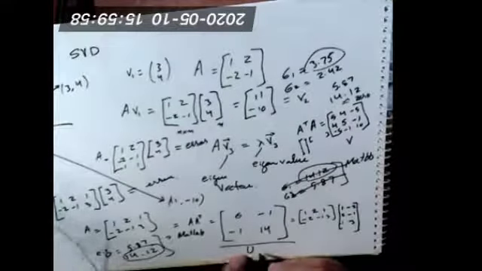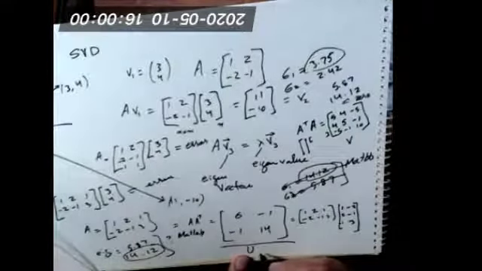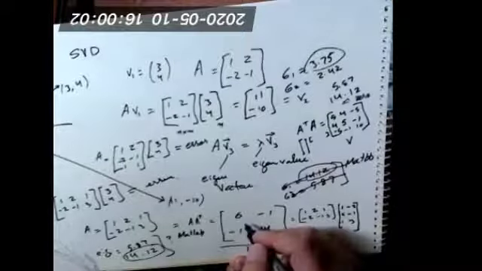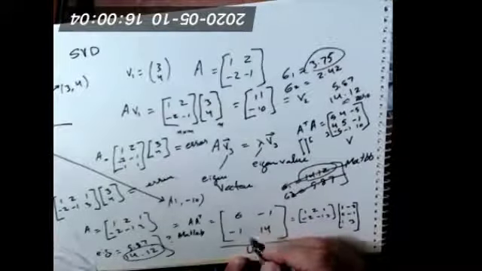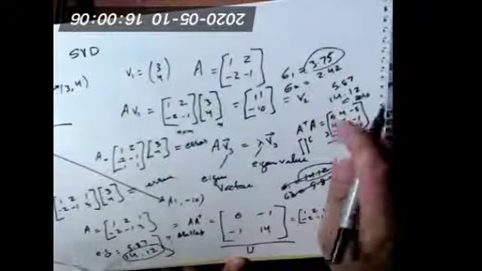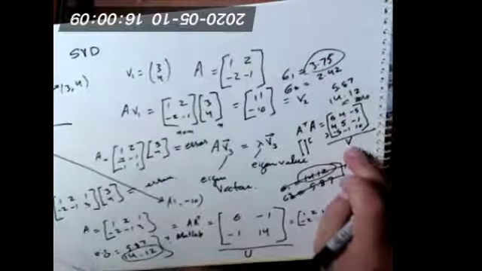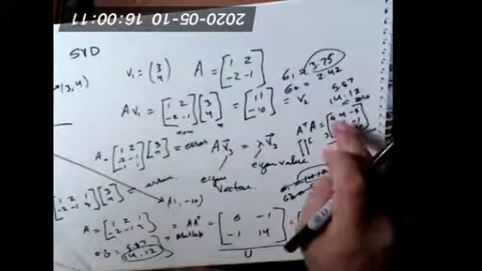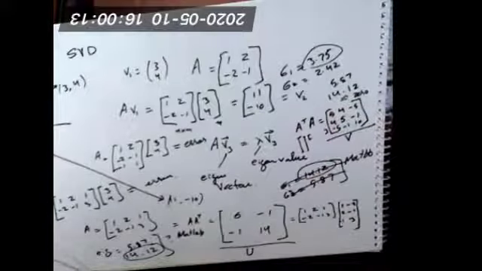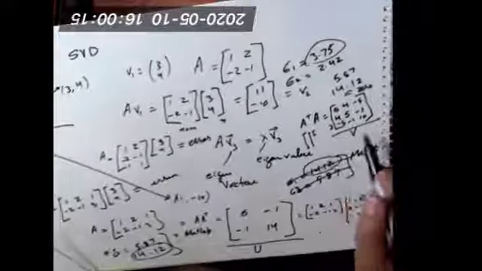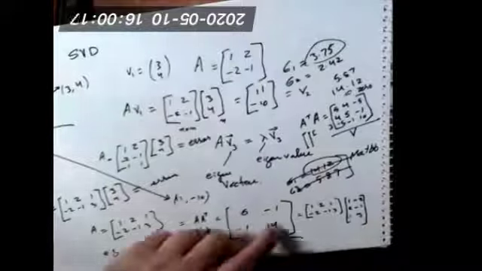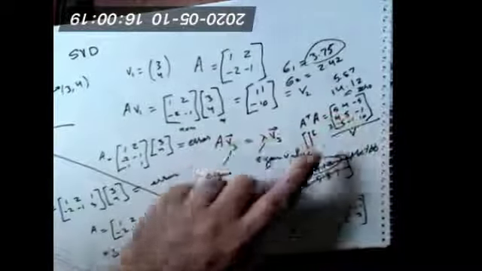U is the set of eigenvectors for this square matrix. Similarly, this is not V. V is the set of eigenvectors for this square matrix over here. So don't get confused. That's why I've drawn a line over here, right? So this thing is not U, and this thing is not V.